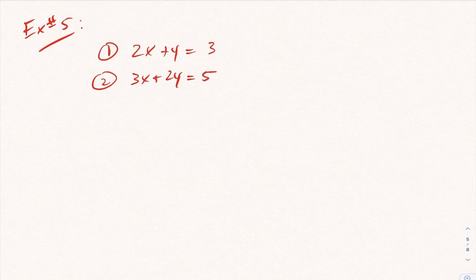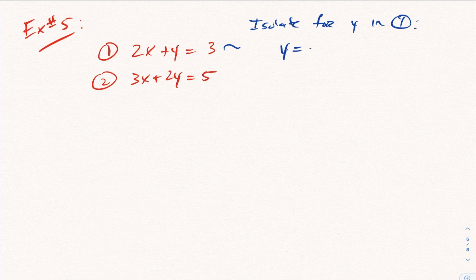Again, pause the video, try this one out. So if I were to answer this one here, you can do elimination, you can do substitution. I'll do substitution again, so I'm going to isolate for y in equation 1, in which case I get y is negative 2x plus 3.